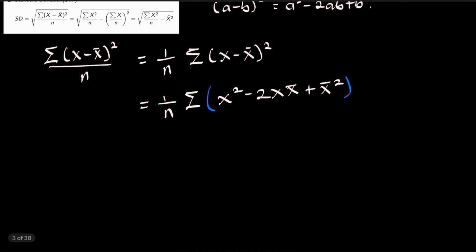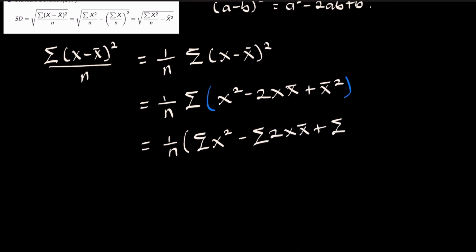So now let's simplify. We cannot distribute the summation sign through, so that's going to give us 1 over n summation x squared minus summation 2x multiplying the mean plus summation mean squared.